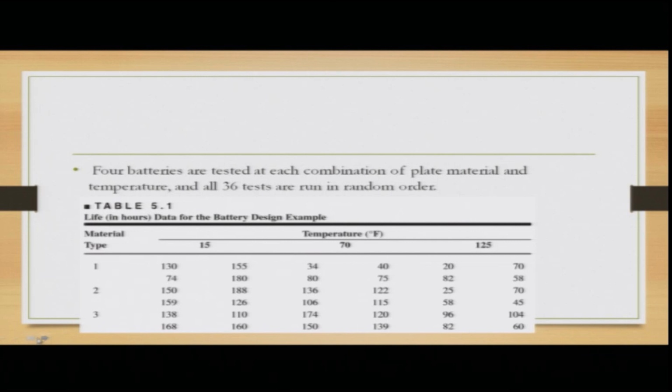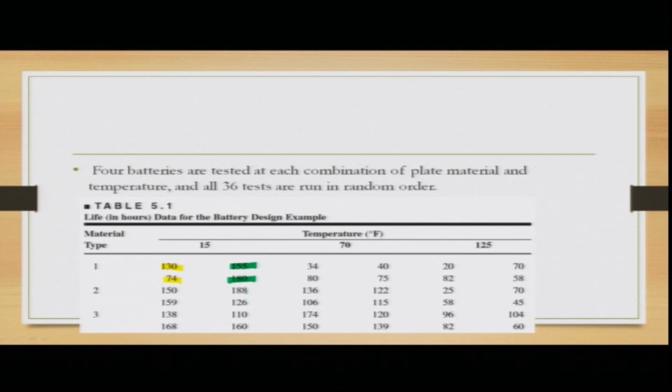So these are the values: 130, then 174, 170. I am not highlighting it, I am just pointing it out. Then 150, 159, 138, 168. Similarly for temperature 70, using a different color, those values would be 155, 180, and so on and so forth.